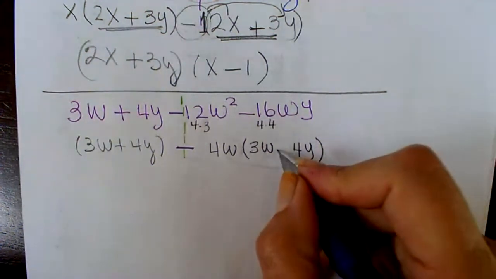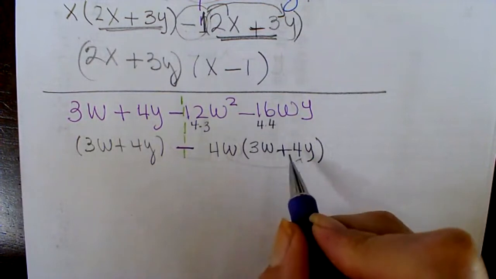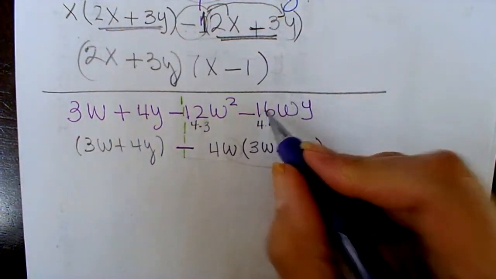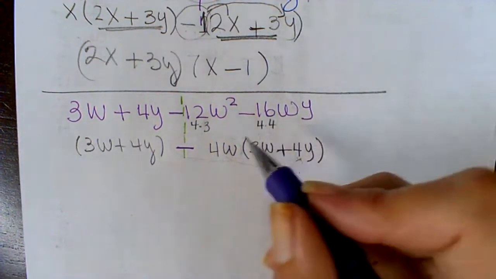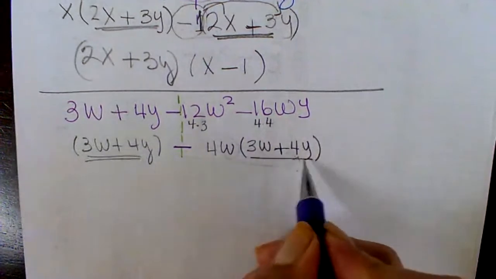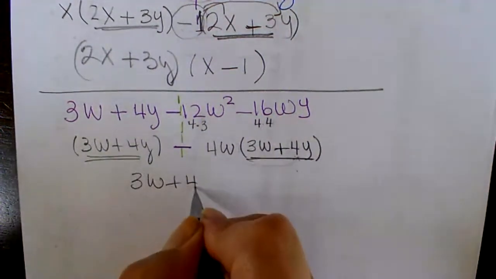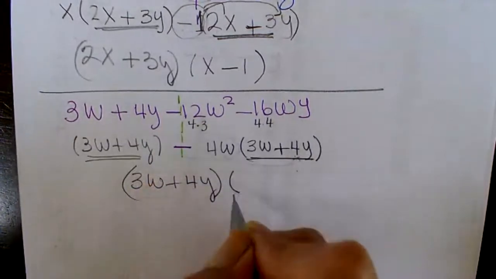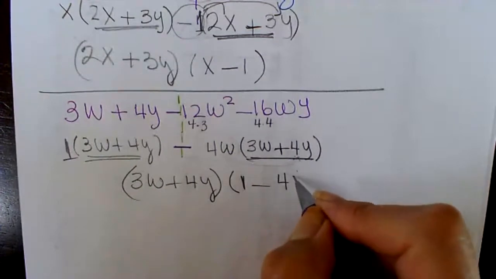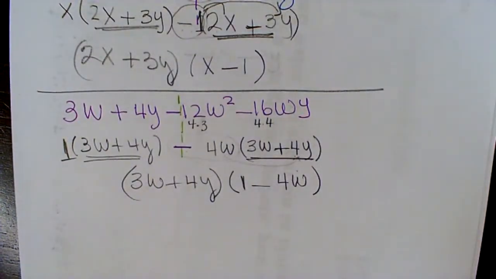Needs to be positive, because when I multiply -4w times positive 4y, I'm going to get -16wy. So this one needs to be positive. Now, the two terms, 3w plus 4y, here's my greatest common factor. And what do I have left here? A 1 minus 4w. And I just factored that out.